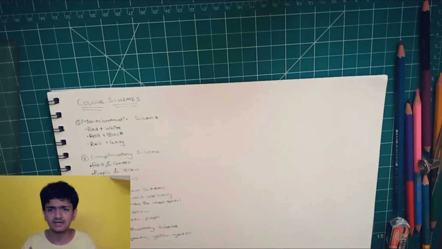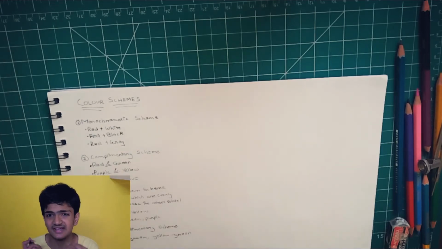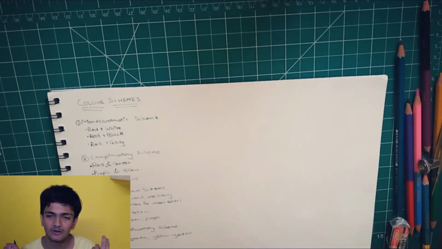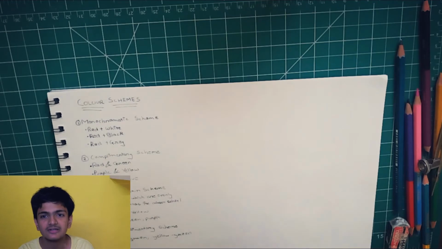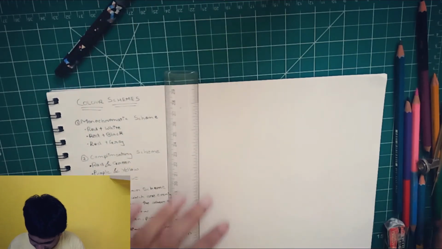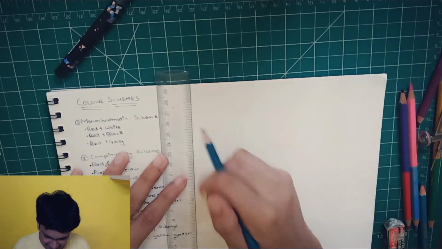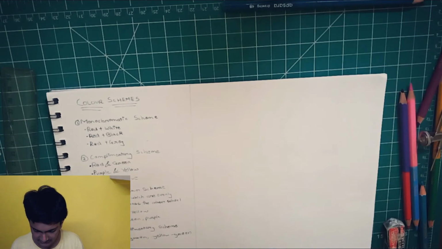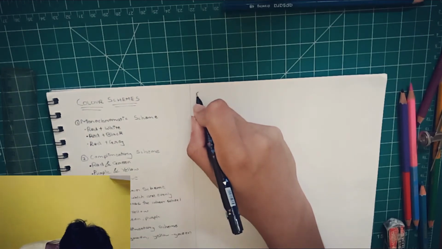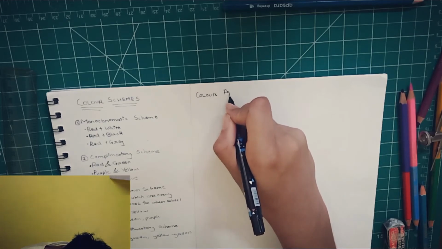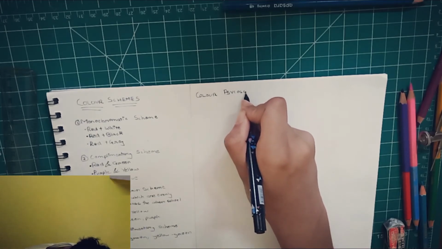Now let's learn about what colors represent, how colors make you feel. It's basically color psychology, how the brain feels about a color. So let's divide this page. I like neat and tidy work. Cool. Now let's learn about color psychology.